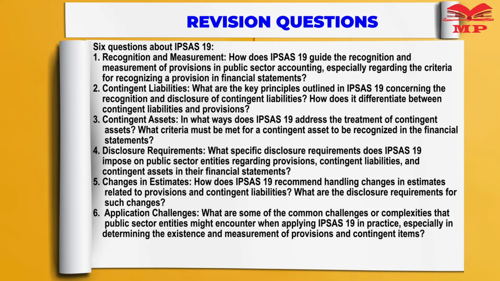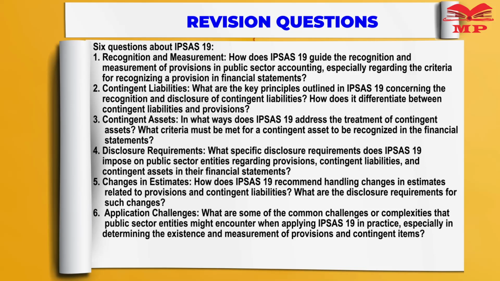In relation to that question, another question is, what criteria must be met for contingent assets to be recognized in the financial statements? Number 4, what specific disclosure requirements does IPSAS 19 impose on public sector entities regarding provisions, contingent liabilities, and contingent assets in their financial statements?